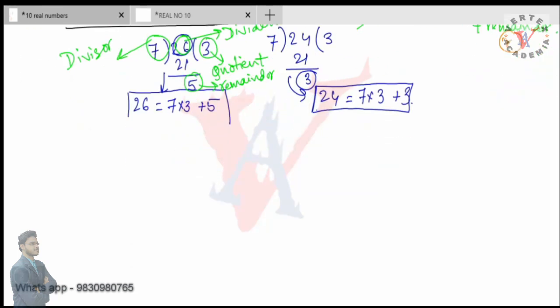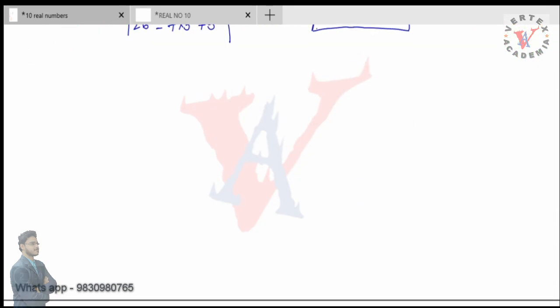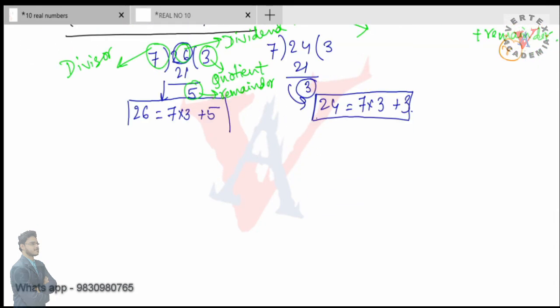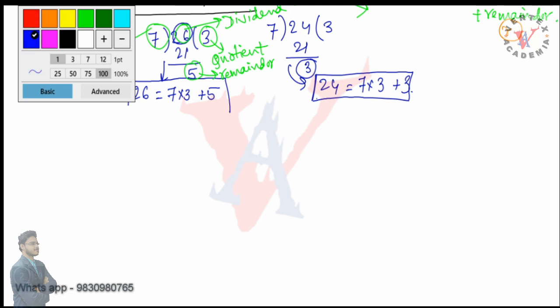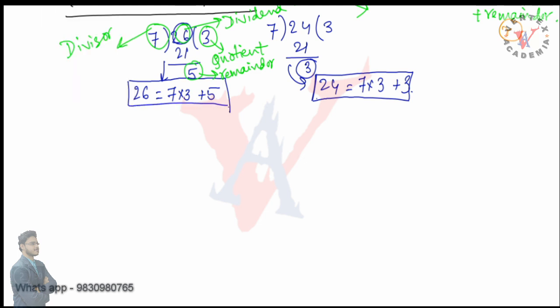Now coming to the next step. What does this mean? We wrote that a equals bq plus r, where 0 is less than or equal to r, less than b.